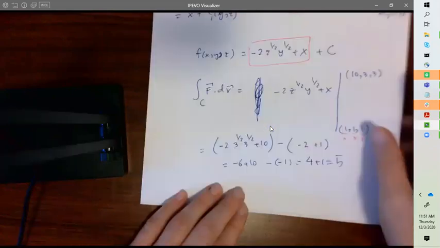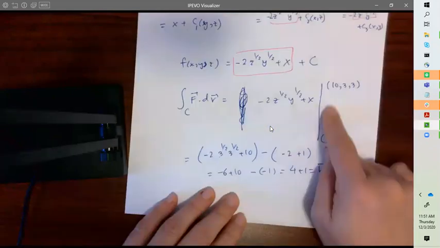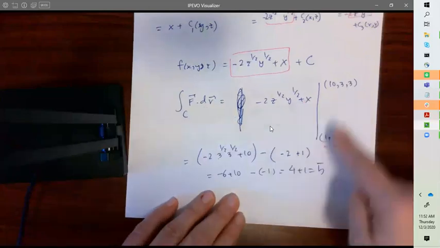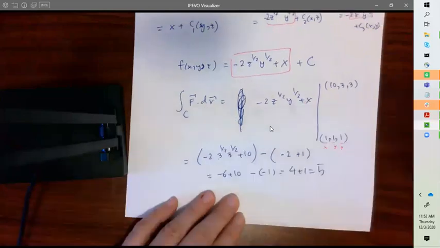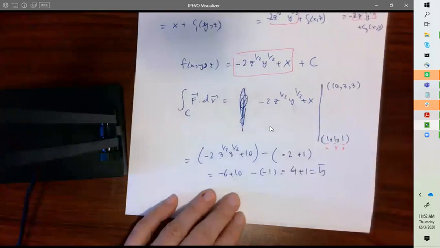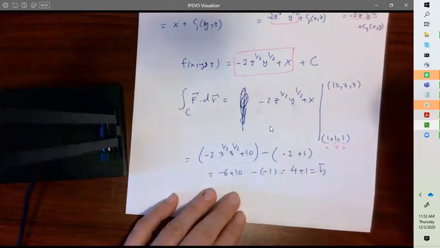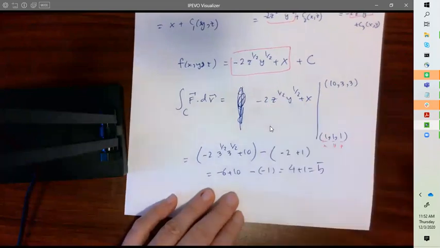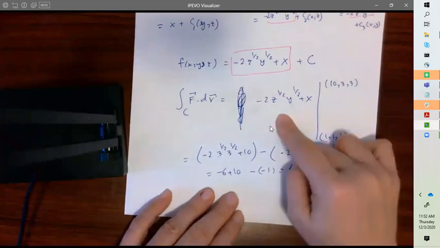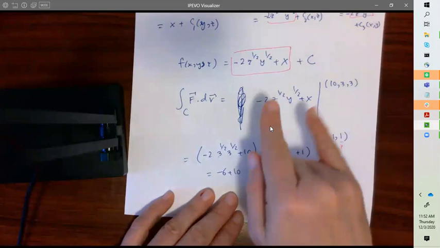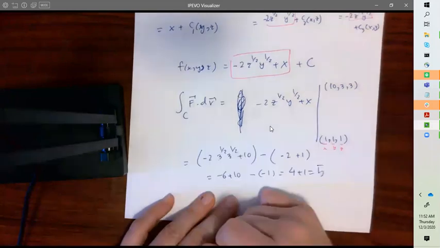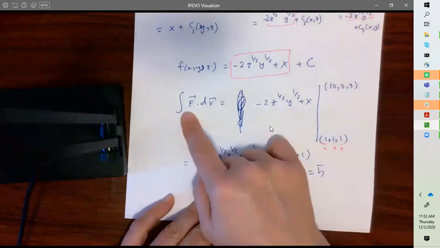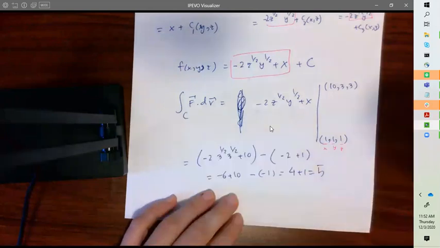Look at this part. When you're doing the integral of F dot dr, and you're finding a potential and then plugging in, this looks like a Calc 1 problem. In Calc 1, we used to find the antiderivative. In a sense, this is an antiderivative because the gradient of this is equal to F. So you're plugging in, except Calc 1 was just x.